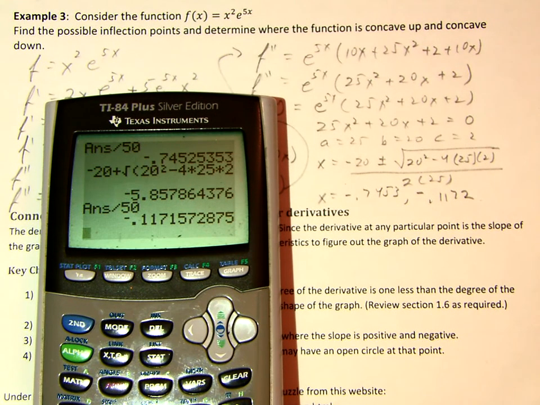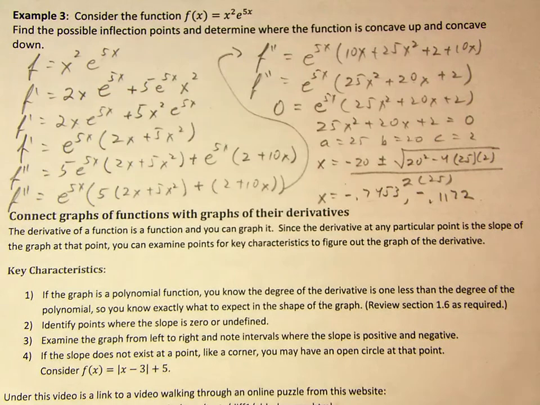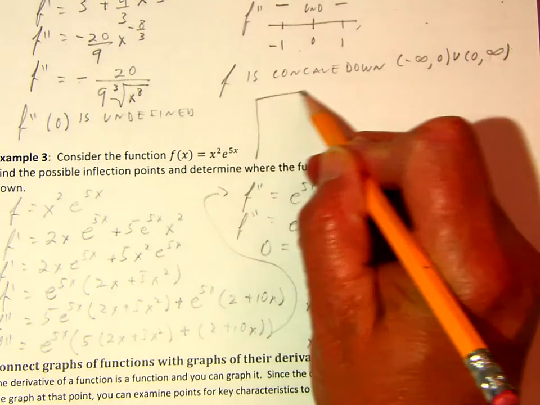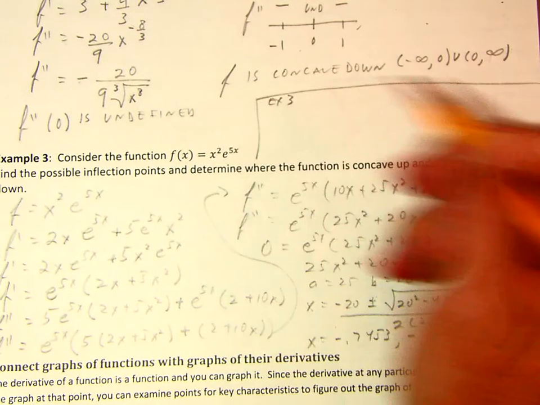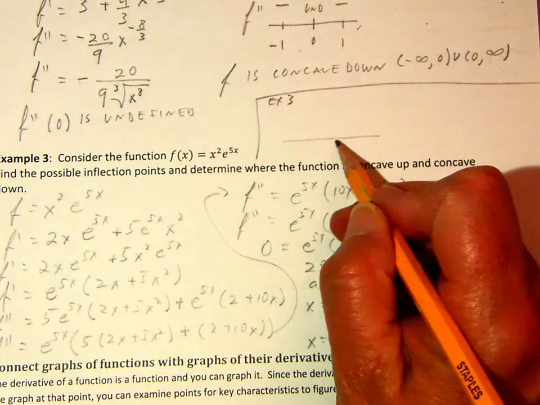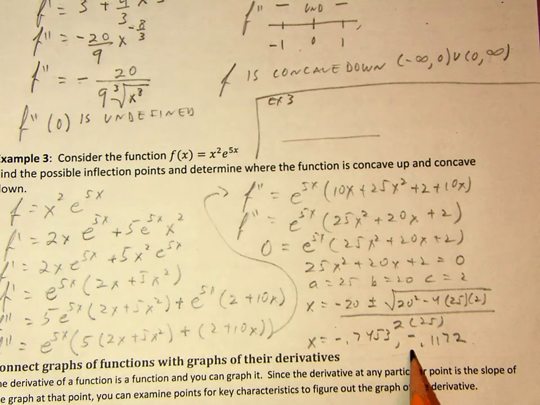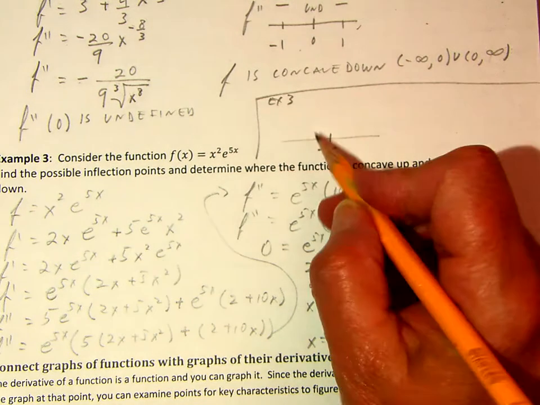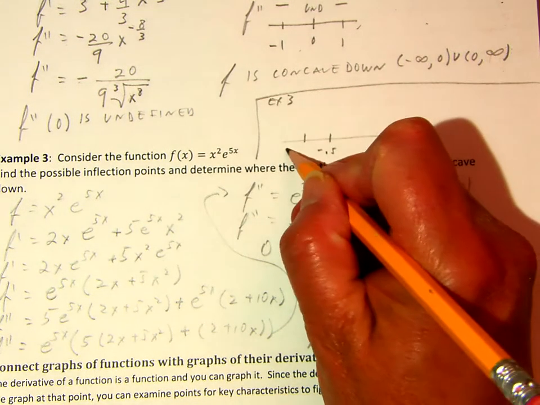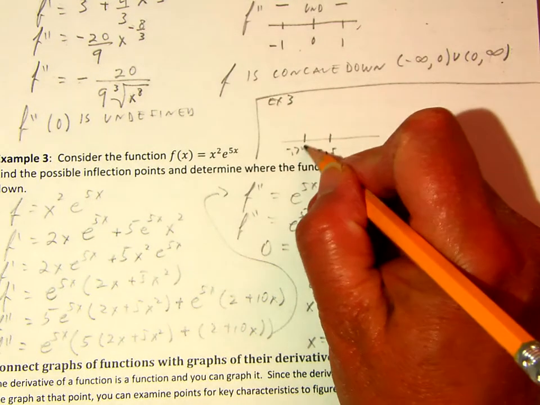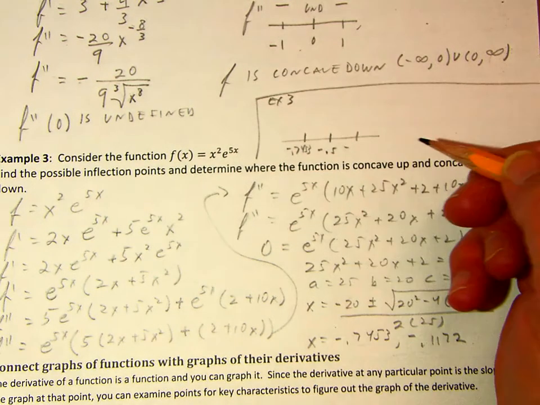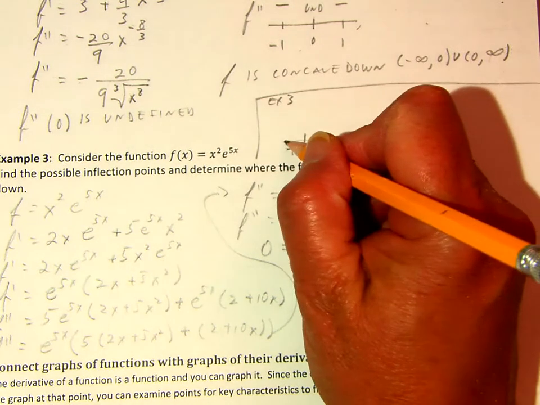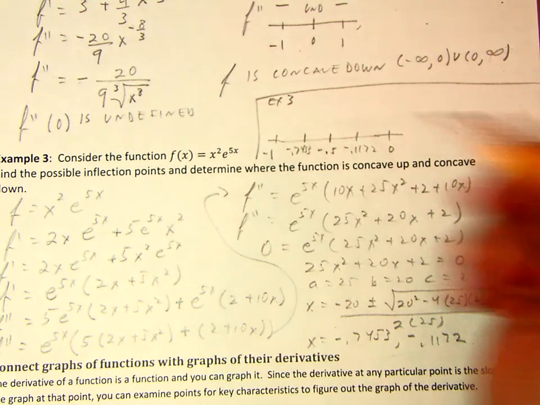And now we want to check these values. So I'm going to have to move up here to do a sign chart for example 3. So looks like negative 1/2 is between these two. And 0 is definitely higher than both of them, and negative 1 is lower than both of them.